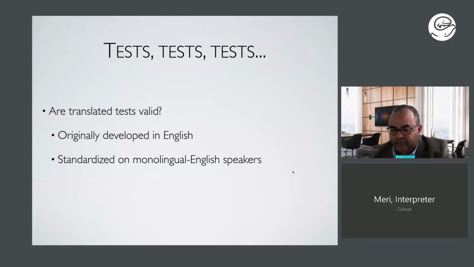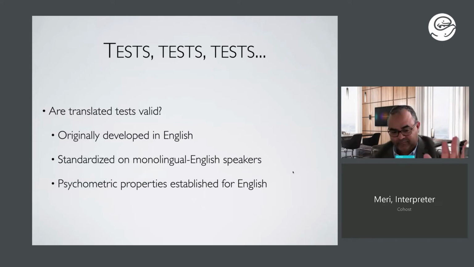Are they valid? Well, if they were originally developed in English and standardized on monolingual English speakers, and the psychometric properties of that test were established on an English norming sample. By that, I mean there are different psychometric properties. The most important ones in clinical practice are sensitivity and specificity, right?